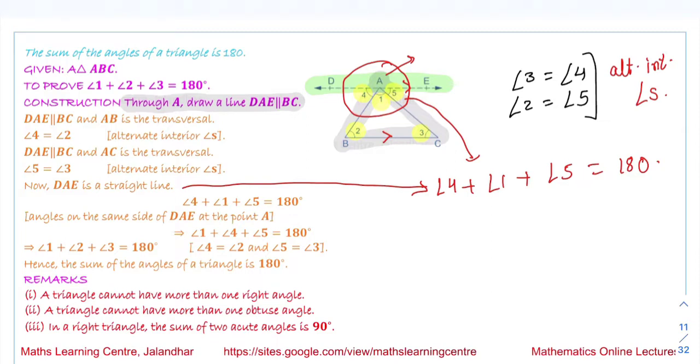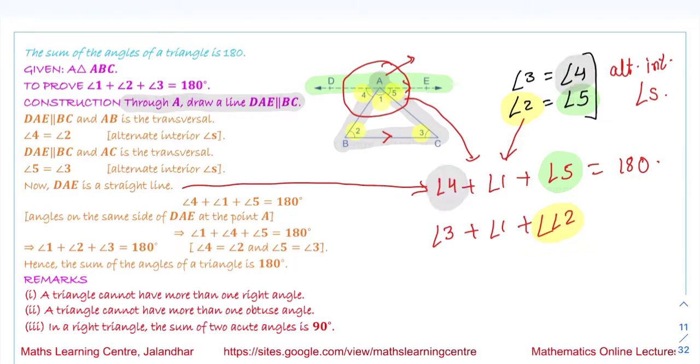So now, using this condition, in place of 4 we can write angle 3, angle 1 stays, and in place of 5 we can write angle 2.